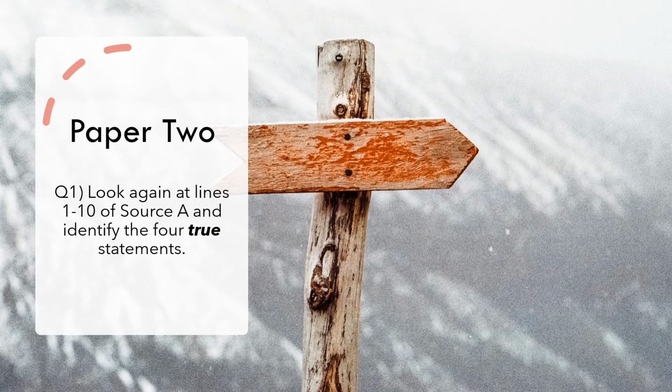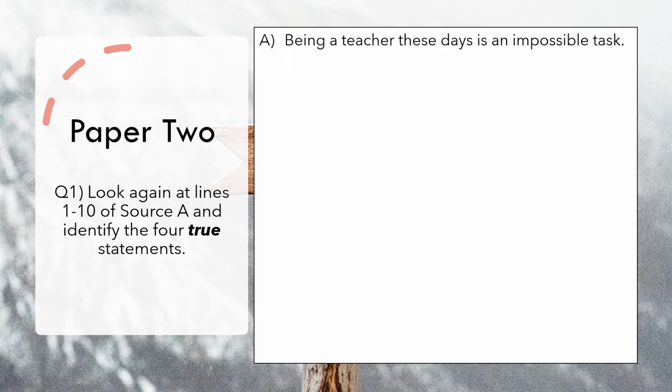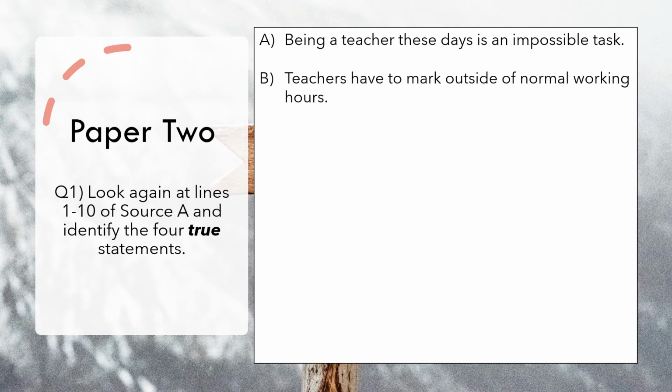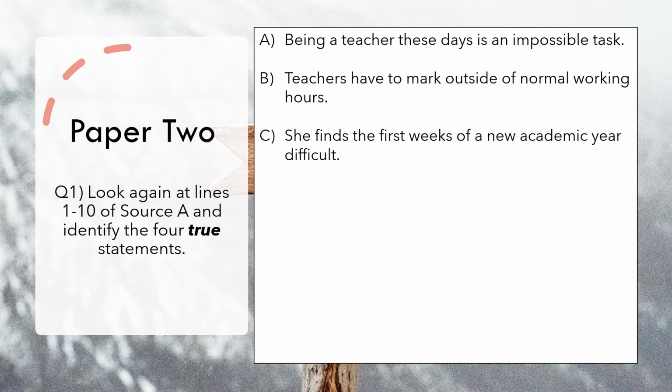Look again at lines 1 to 10 of source A and identify the 4 true statements. Our first statement says, A, being a teacher these days is an impossible task. B, teachers have to mark outside of normal working hours. C, she finds the first weeks of a new academic year difficult.